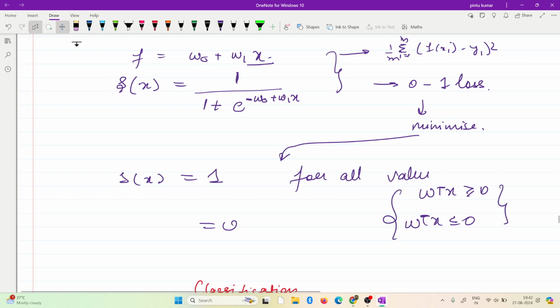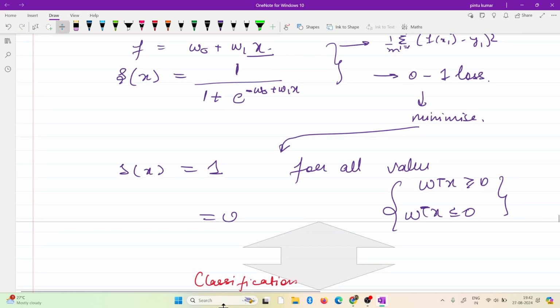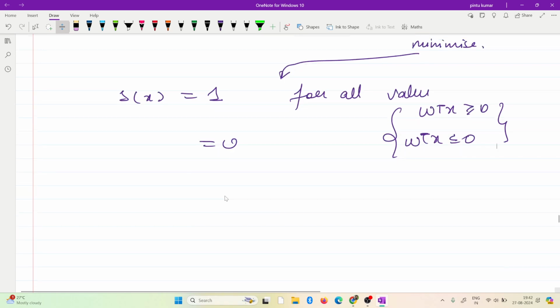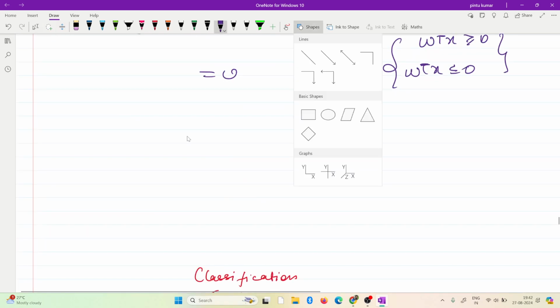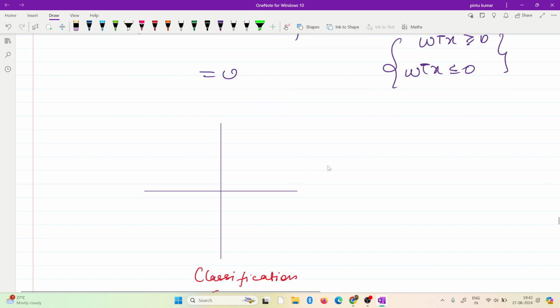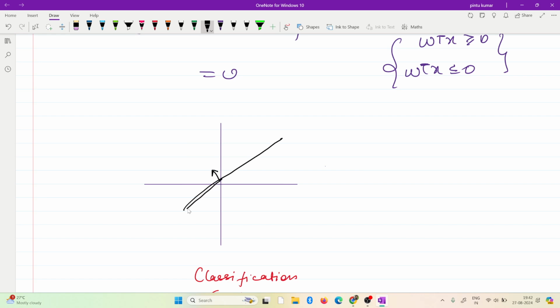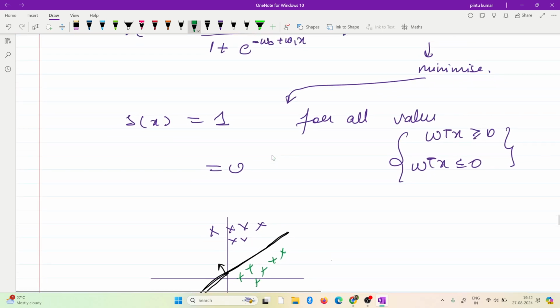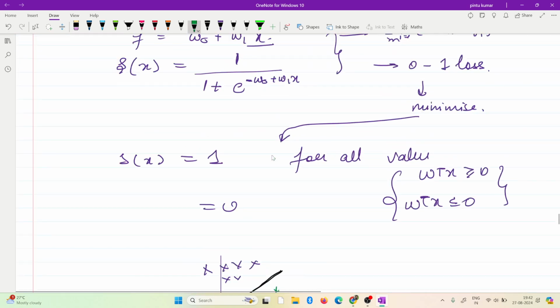This condition means that on your plane, if you plot, let's say this is your w direction, and this line would be w transpose x is equal to 0, right? Then on one side you have data points of one type, and on the other side you have data points of the other type. Okay. Is the idea of logistic regression clear?